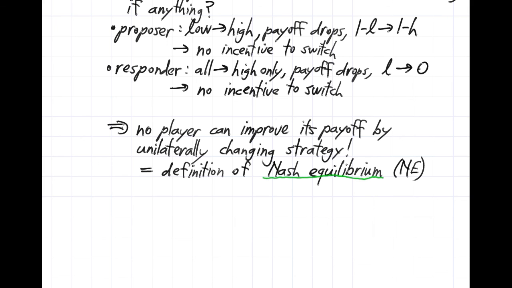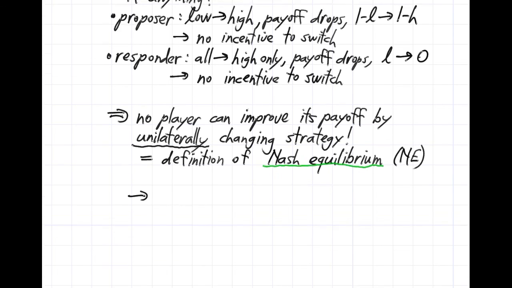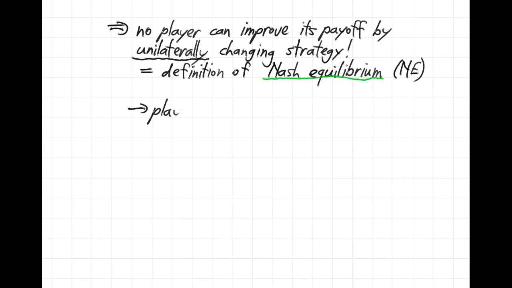The term unilaterally here is important. We're going to get back to this, but for now, it just means that only the one player changes their strategy. And that means that players don't have the option to agree on a simultaneous change of strategies.